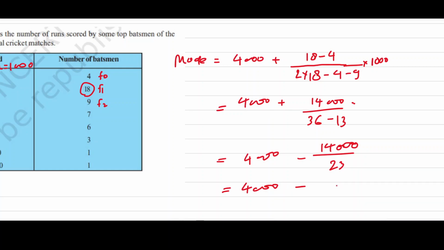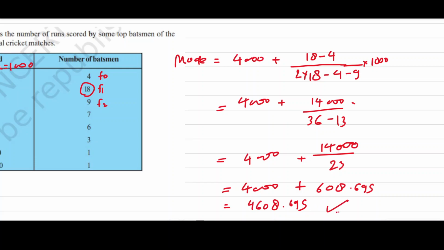If we divide, we use a calculator here. Now 608.695, so 4608 plus, dot 695. This is the mode of the given data.